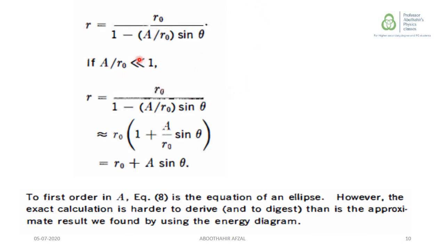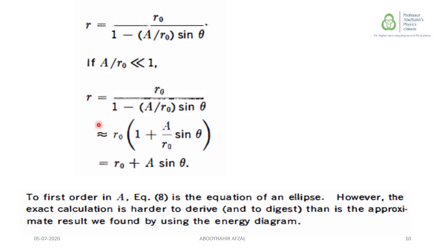Since I have neglected the term a by r0, which is very small compared to 1, I can neglect this term, so the denominator will become 1. The a is nothing but the distance between the circumferences of the two circles, that means the orbits. That means the width between the two orbits is what a refers to.